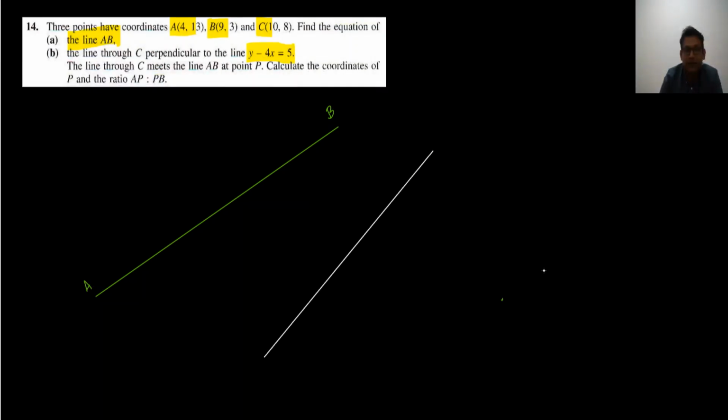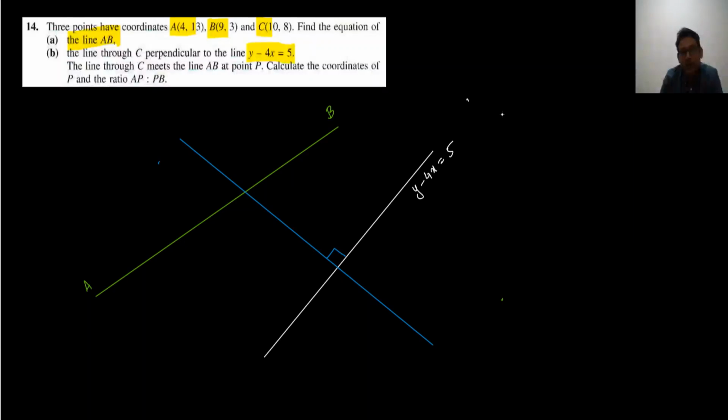This line is y minus 4x equals 5. And the line we need is perpendicular to this line, the white line. This is perpendicular, 90 degrees.